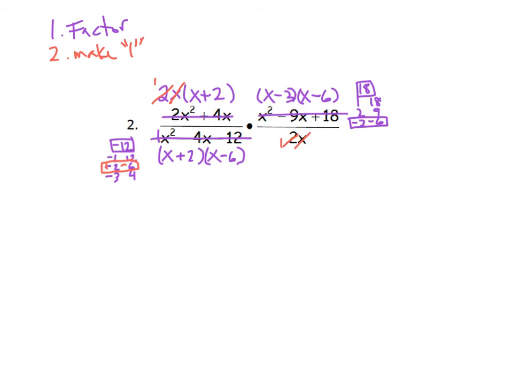The x plus 2 right here, I have an x plus 2 in the denominator, so I can cancel x plus 2 with the x plus 2 because it makes a 1. I have an x minus 6 right here and an x minus 6 in the numerator here, so again, that makes 1 over 1. And the only thing left in the entire set of fractions is this x minus 3 here, and we can't cancel that or make 1 with anything.